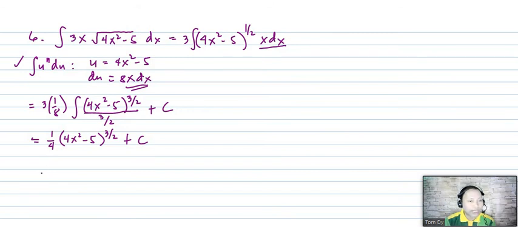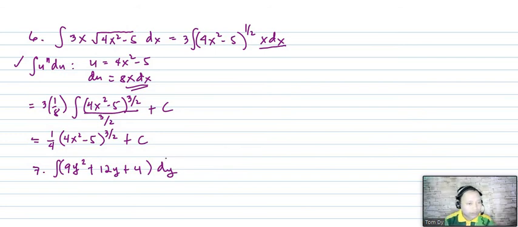Okay, another example, number 7. So we will have the integral of 3, 9y squared plus 12y plus 4 dy.